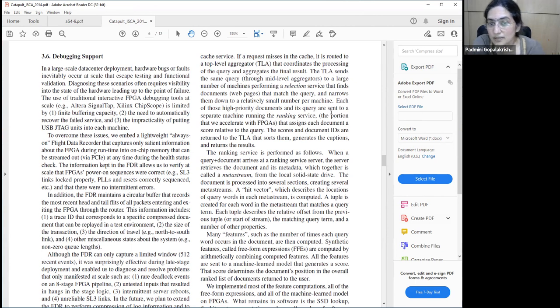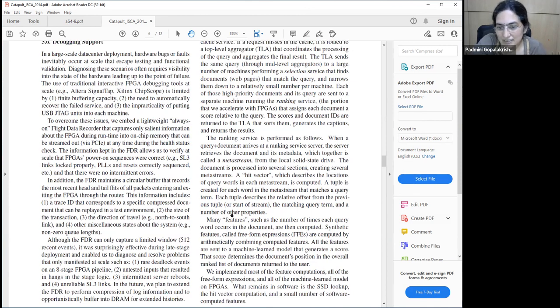Okay, so now the part that they are accelerating is actually the ranking service for each document. The accelerator takes a document and some metadata. It computes some features based on the query. Then it takes these features and computes what they call a free-form expression, which you can think of as a meta feature or a higher level feature. It is some computational operation on these base features.